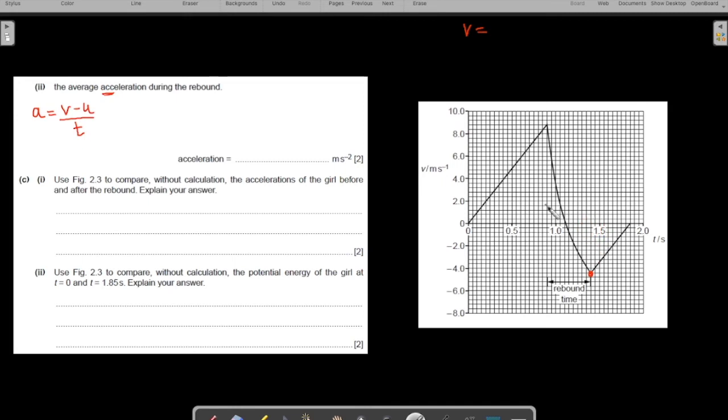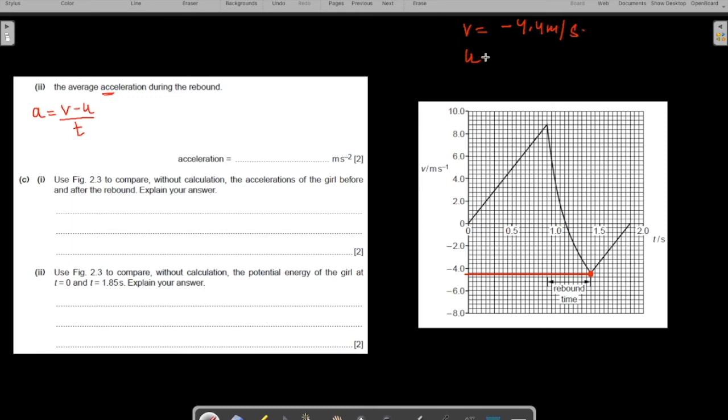This is the velocity which comes at the earlier point of time, 0.9, and the later velocity is around 1.3 or 1.4. Let us locate it. How many blocks? Looks like it is just one block. So minus 4.4 meters per second.